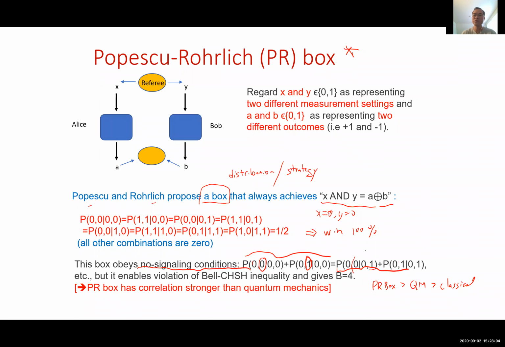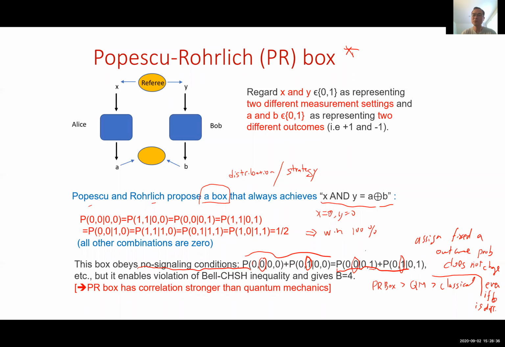If you sum over all those, for a fixed A outcome the probability does not change, even if B is different.